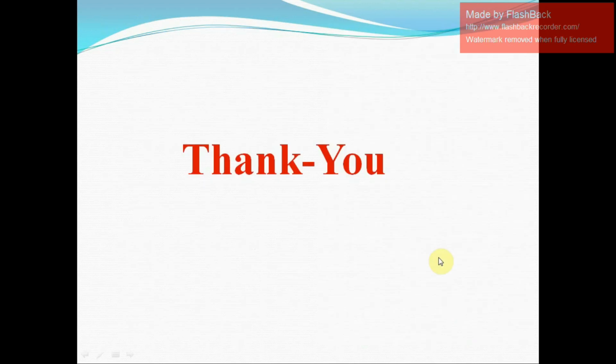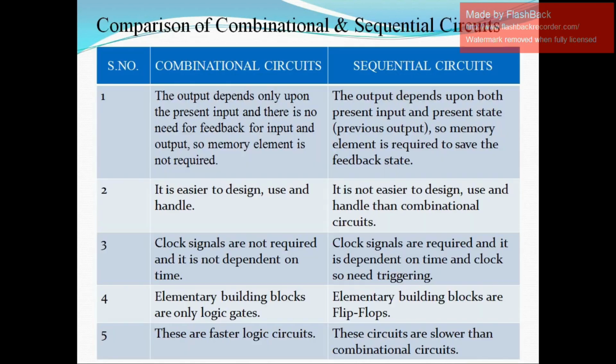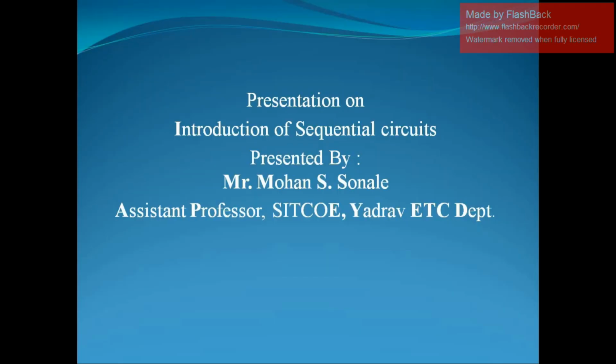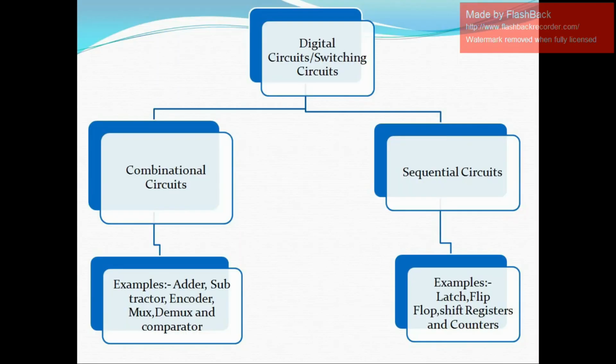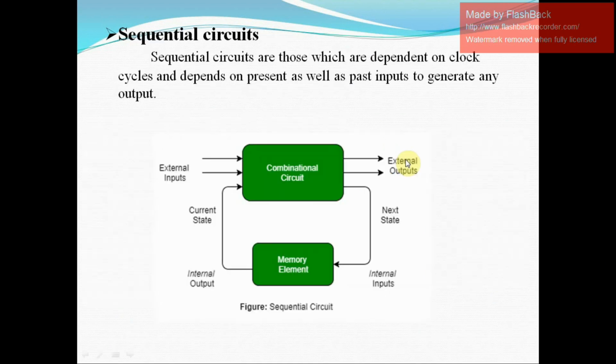I hope you understand a little bit about sequential circuits. First we went through the basic classification of digital or switching circuits into combinational and sequential circuits. Then the definition of combinational circuit with the help of a block diagram as well as an example. Then the definition of sequential circuits.